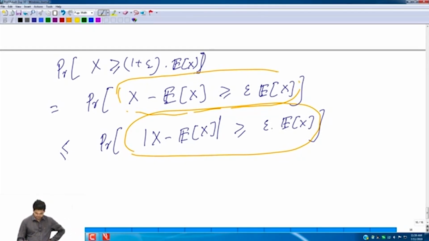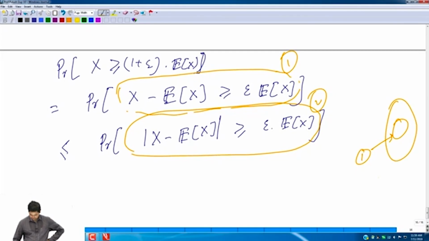If this is event 1 and this is event 2, then event 1 looks like a set, this set, and event 2 is a superset. If event 1 happens, then event 2 obviously happens, but not the otherwise. So the probability of event 2 is at least as high as probability of event 1.